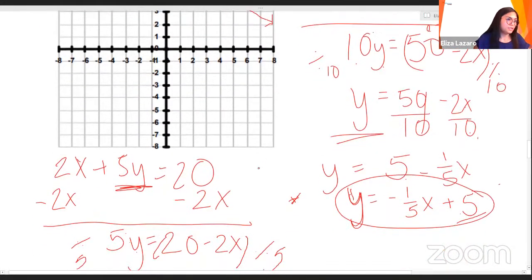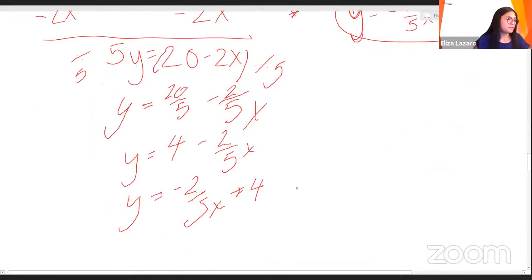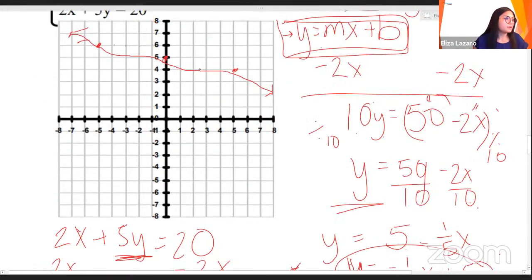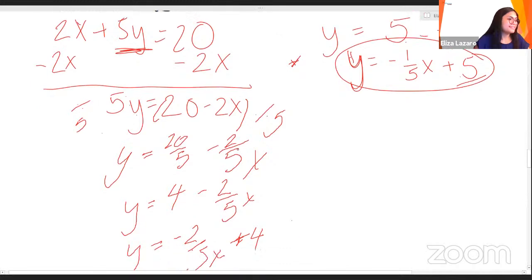Next, we're going to do the next equation that we solved for the slope-intercept form. And this is a plus sign. So when x equals 0, y equals 4. We're going to put that right here, excuse my dots.